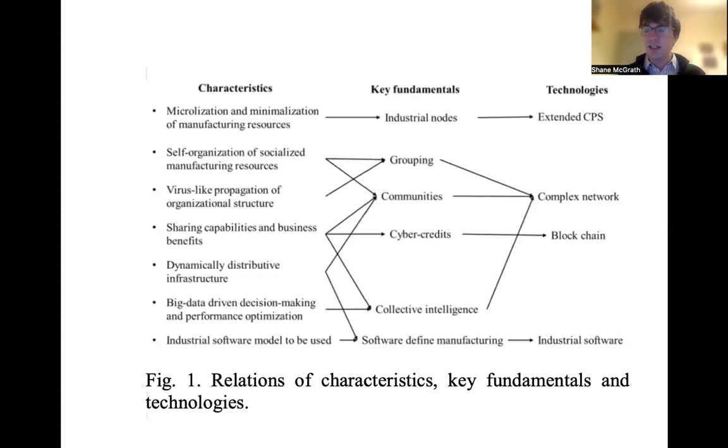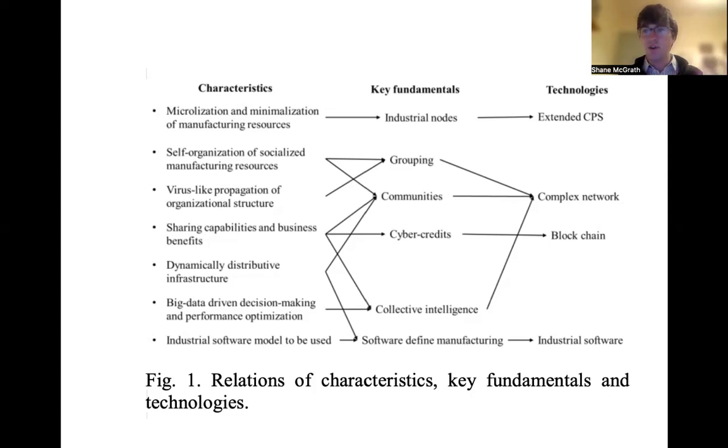This means that instead of the kind of factory that you might think of, they're more like workshops, and they work in node form. The minimalization is that they're as small as they can be, kind of contained units. And then industrial nodes, self-organized and socialized manufacturing resources.